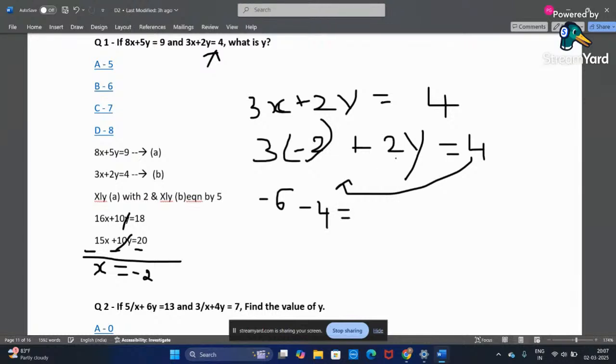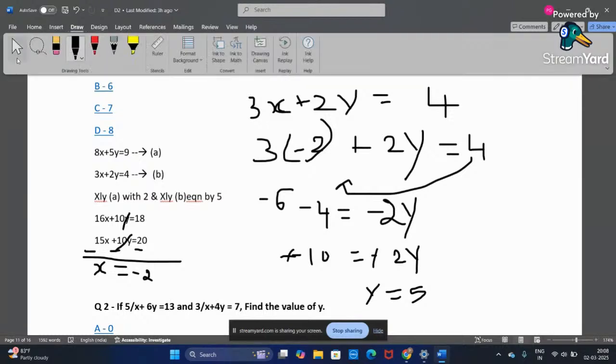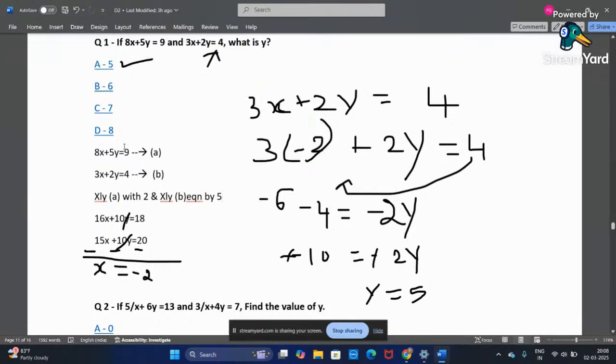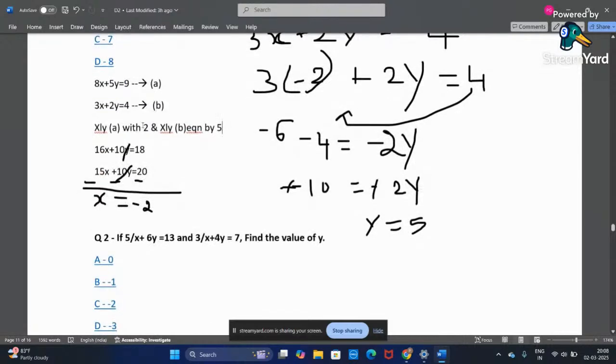And move this 2y to that side, then it will become minus 2y. So minus 6 minus 4 is minus 10 equals minus 2y. So the minus signs will get cancelled. y is equal to 10 by 2, which is 5. The answer is 5. A is the correct answer. Any doubt? Okay, we'll move on to the next one. For the first one, A is the correct option.